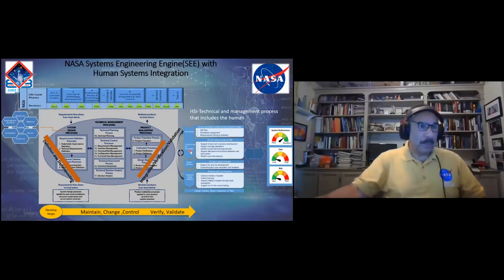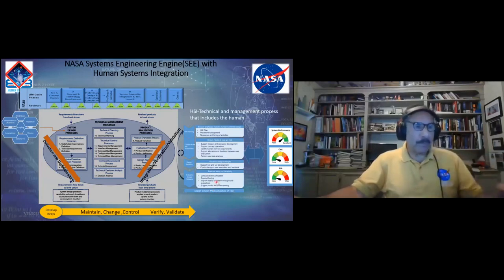Context of use, and the environment it's going to be used in. This is related to the concept of operations, how the system is going to be used, not just nominal but off-nominal, and also the tasks that are going to be needed. And then the design solutions. Okay, what solutions have we come up with? And then finally, evaluating the systems.